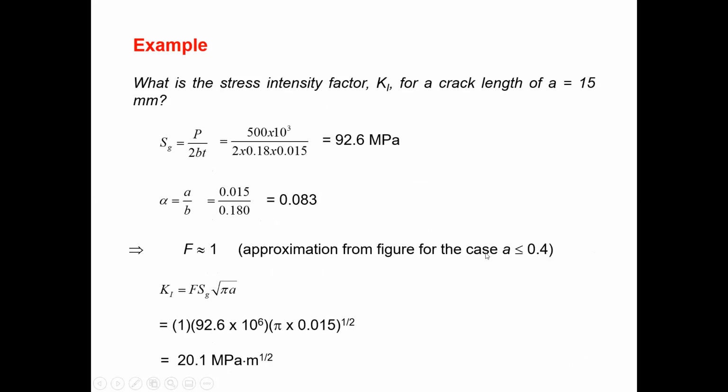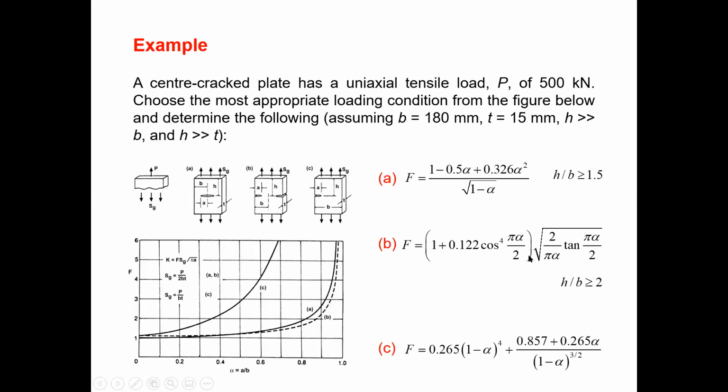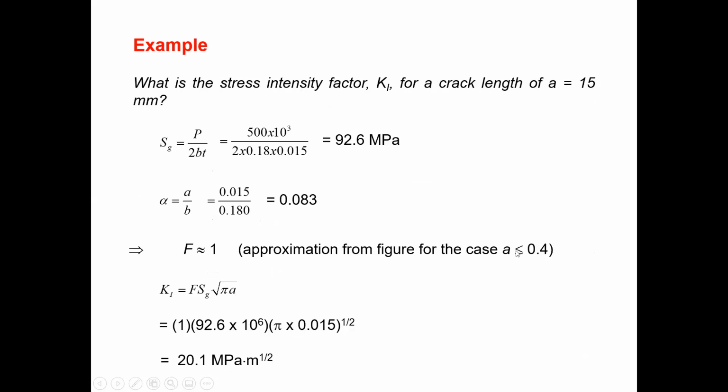Then that a/B ratio here, if it is just the a/B ratio, it should be alpha. This is wrong. This should be alpha. If alpha is less than or equal to 0.5, you can consider F equals 1. Then Ki, you know the function: F times stress times square root of pi a.